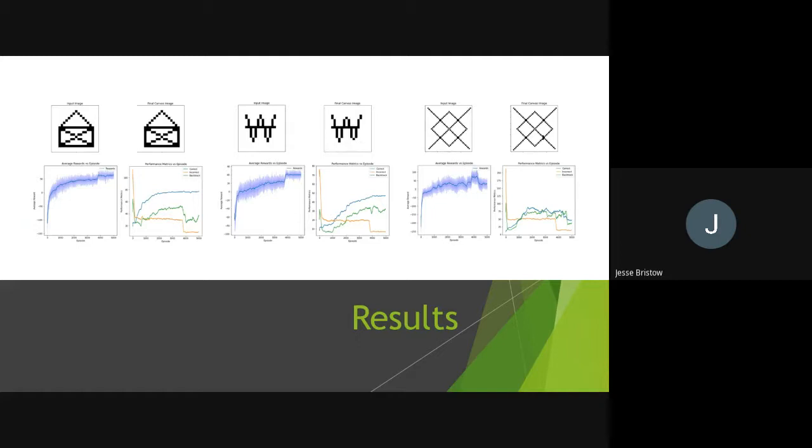And the second graph measures the metrics of performance per episode over training. More specifically, it measures how many correctly drawn pixels there were on average, the number of incorrectly drawn pixels on average, and the number of times the agent backtracked over previously drawn pixels on average per episode during training.